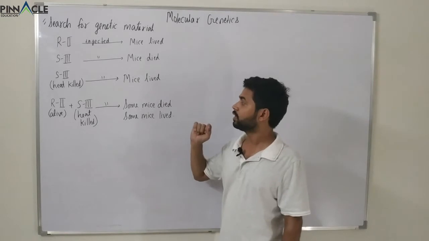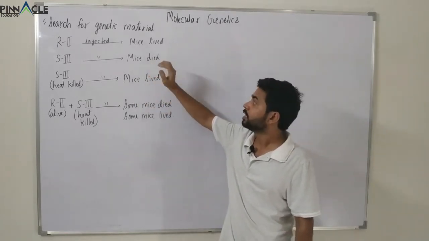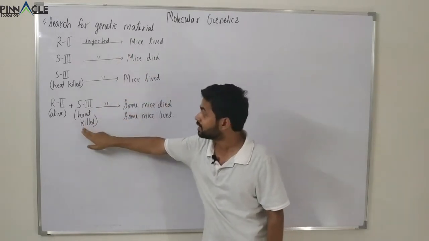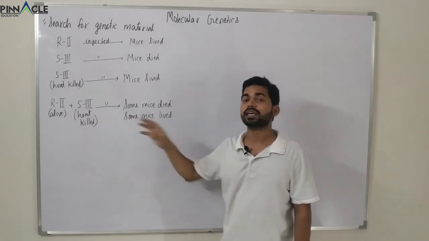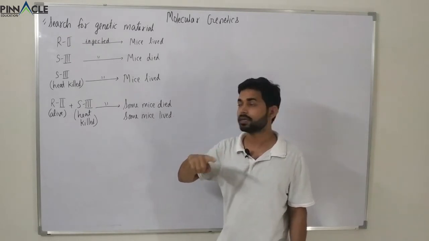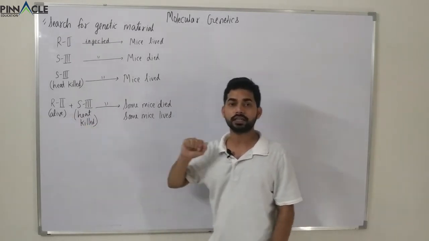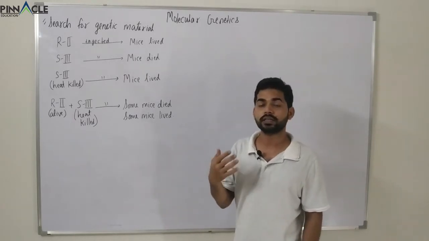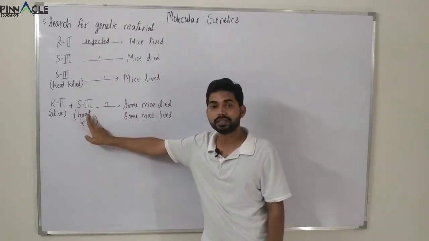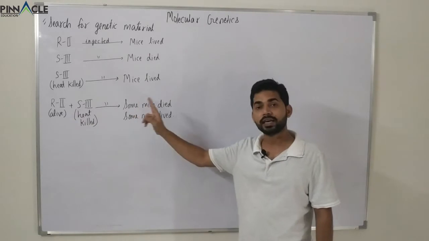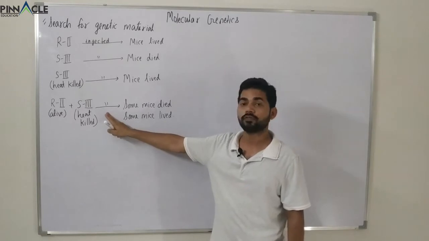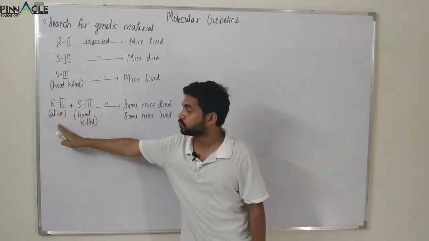So this is the main point: the mice did die because of some biochemicals secreted by S3, and R2 does not secrete those. S3, since it is already killed, will not secrete any substance on its own. So who would have secreted that biochemical? Obviously R2 would have secreted it. And from where did it get this ability, because it does not have any property for that? So it absorbed some of S3's genes or its DNA and became like S3. This is the main conclusion we can draw: S3 genes of this bacteria were absorbed by R2.